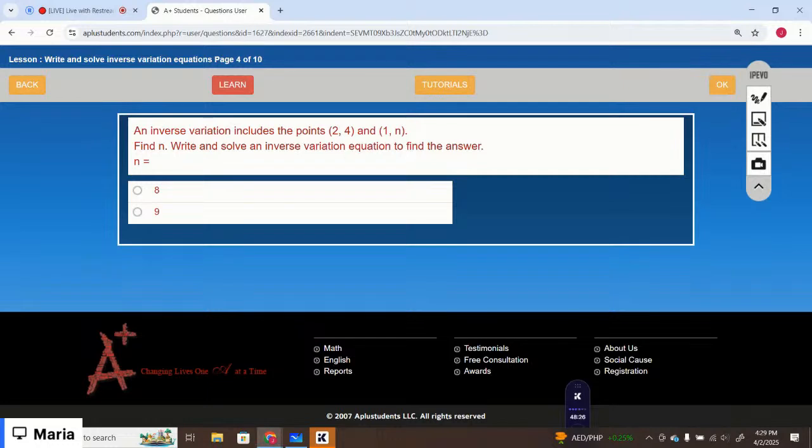An inverse variation includes the point 2, 4, and 1. Write and solve an inverse variation equation to find the answer.